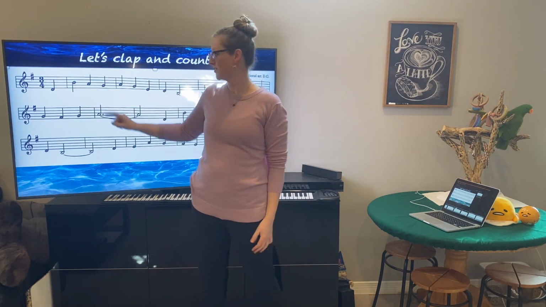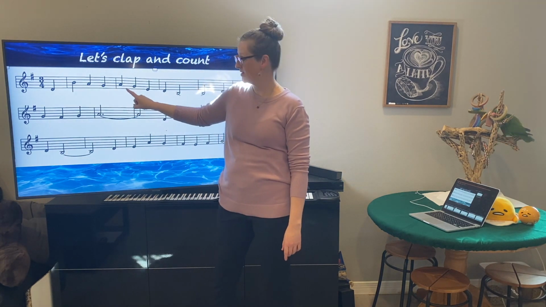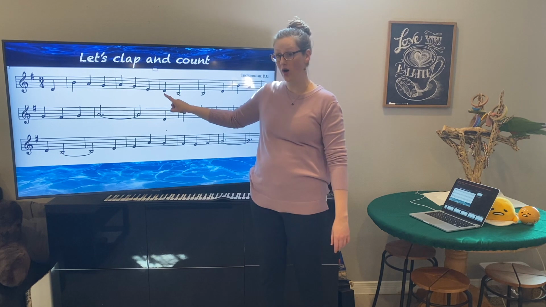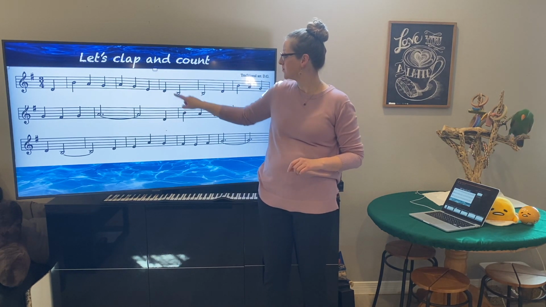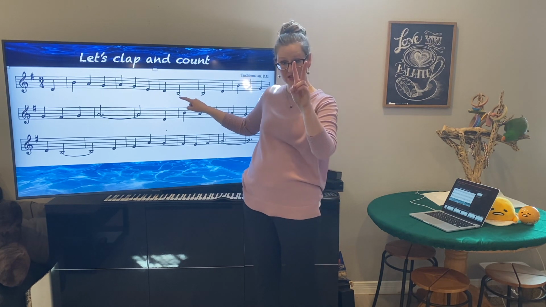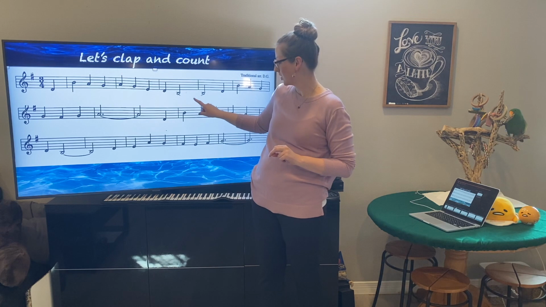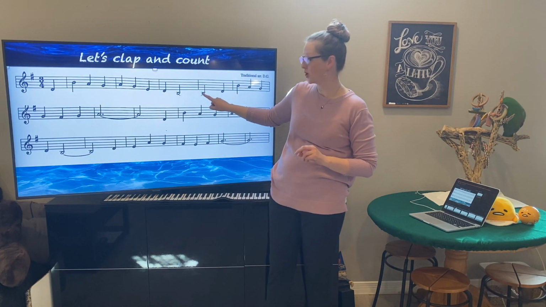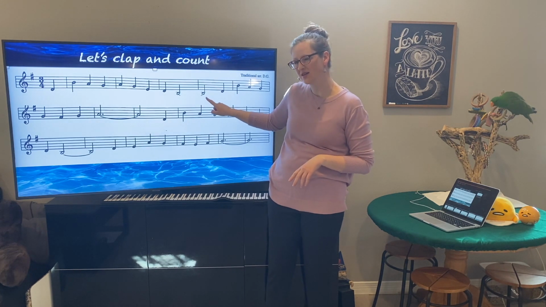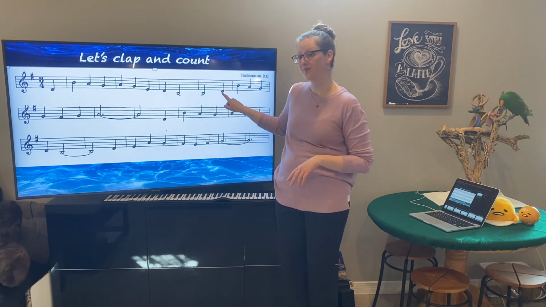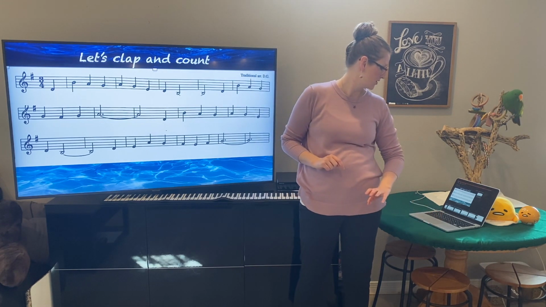From 1 to 3. 1, 2, 3, 1, 2, 3, 1, 2, 3. So this note gets 2 beats, so it's going to be 2, 3. And then we have the line here, 1, 2, because it's at the very beginning of the measure. 3, 1, 2, 3. So I will show you.